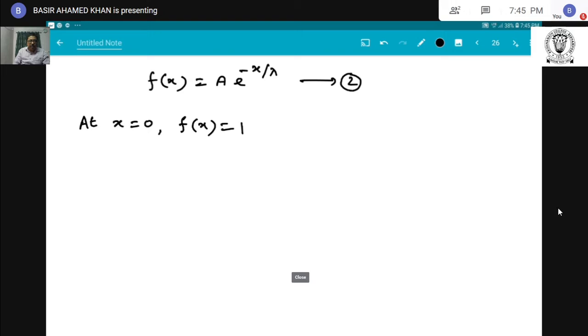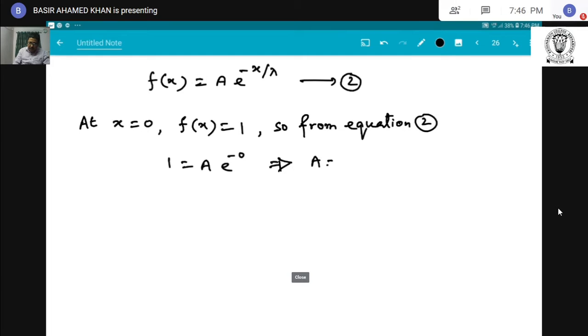Therefore from equation 2 we get 1 equal to a e to the power minus 0, that means a equal to 1. So from equation 2 we get fx equal to e to the power minus x by lambda. This is equation 3.